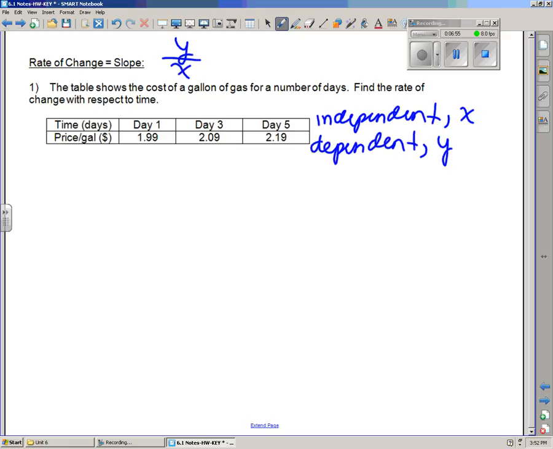So what's happening from time, you should notice that as it goes from day 1 to day 3 and day 3 to day 5, we happen to be increasing by 2 days each time. And then if you look at the price per gallon over those 2-day increments, it turns out that the price per gallon goes up 10 cents each time.